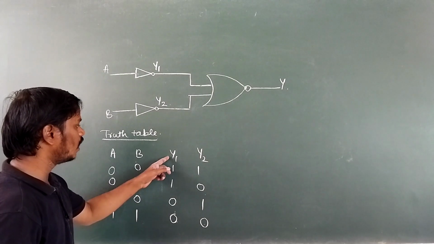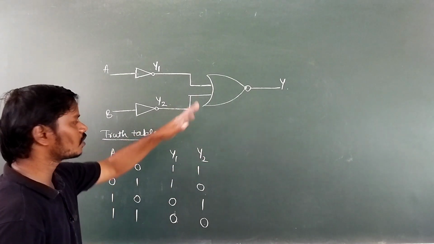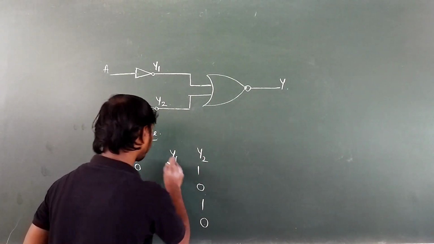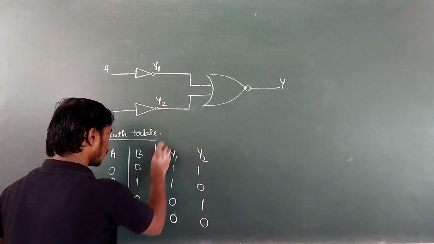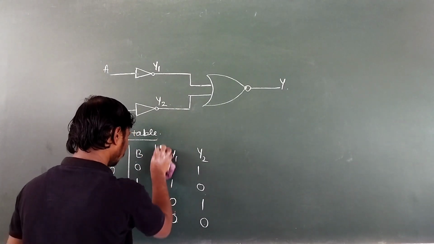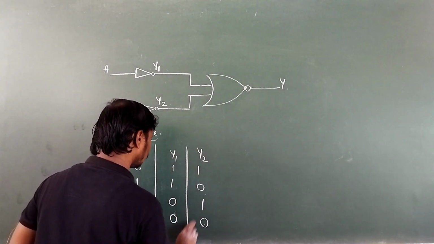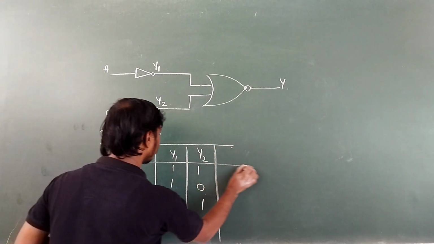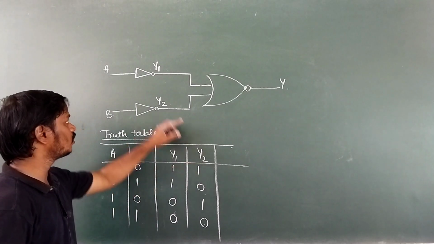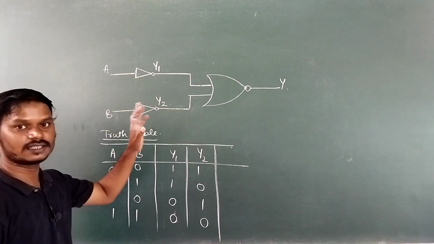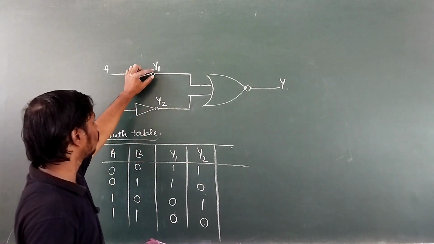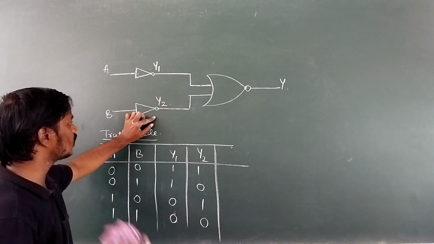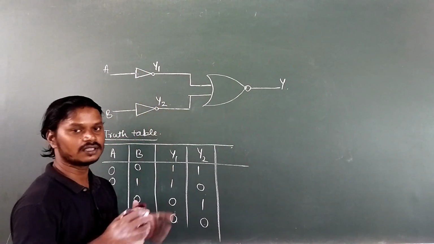Then Y1 and Y2 are the inputs for the NOR gate. Y1 and Y2 are the outputs of the first NOT gate and second NOT gate respectively, and these outputs are the inputs for the NOR gate.